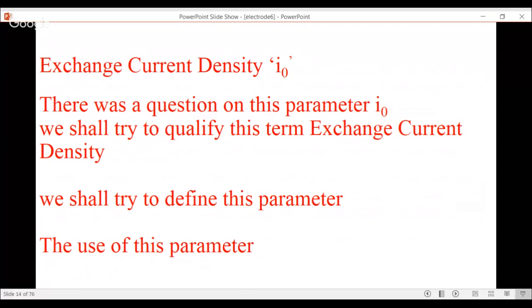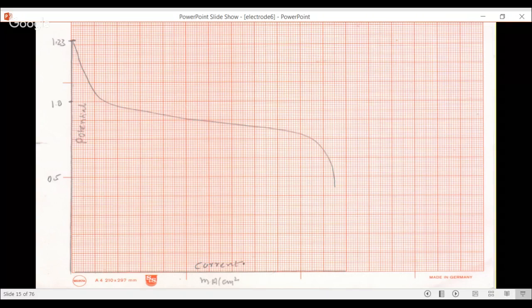This exchange current density has a value. So, for example, in this picture that I didn't show yesterday, at the very lowest current, very near to zero, the potential that is available is the thermodynamic reversible potential, 1.23 volts for the hydrogen oxygen reaction.